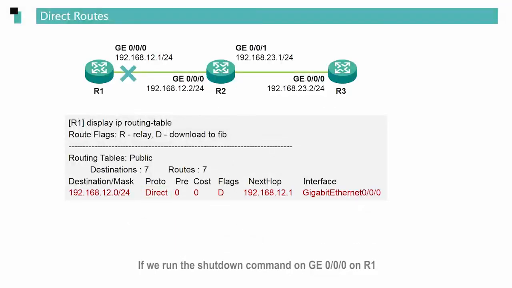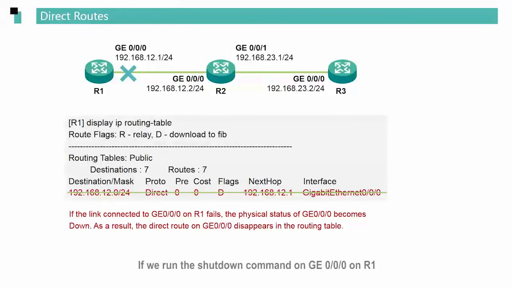If we run the shutdown command on GE0/0/0 on R1, we find that the route 192.168.12.0/24 disappears from the routing table.